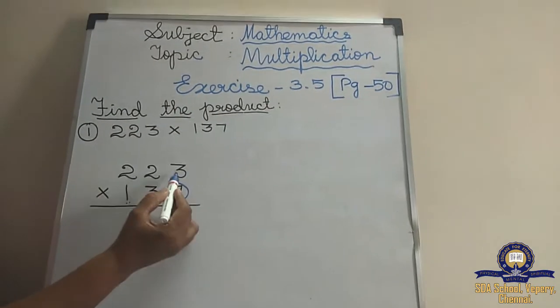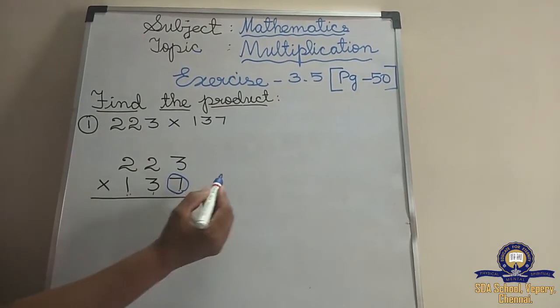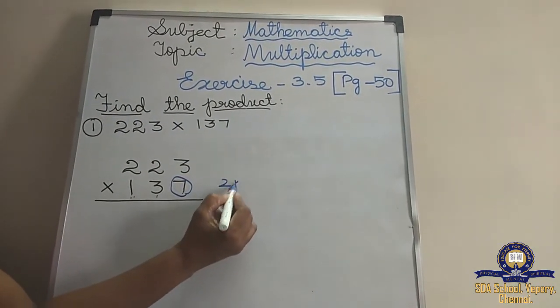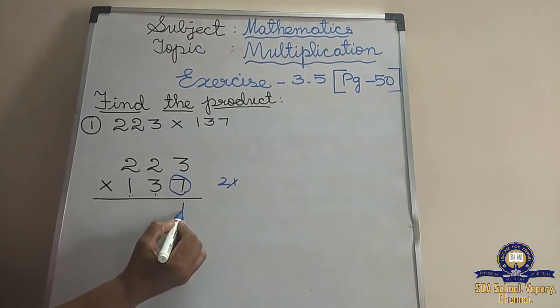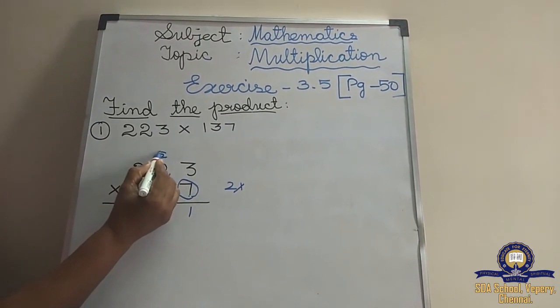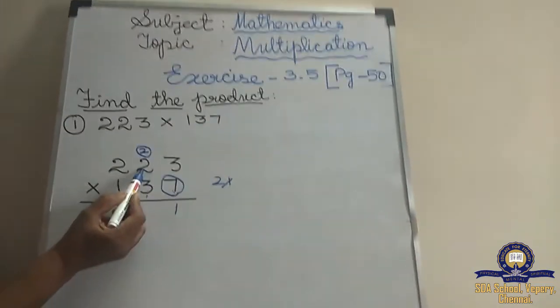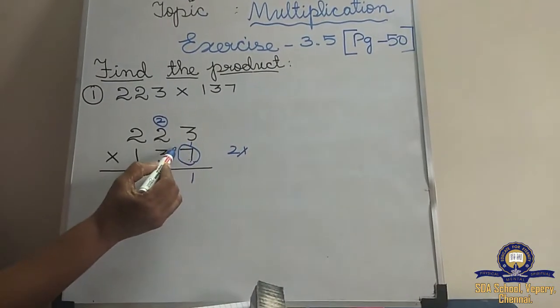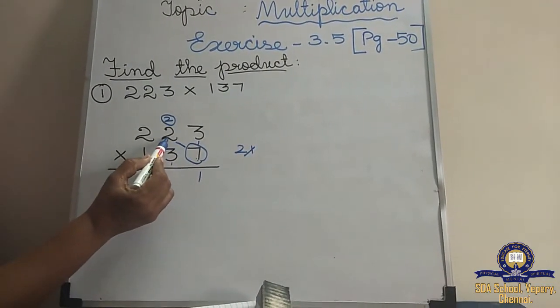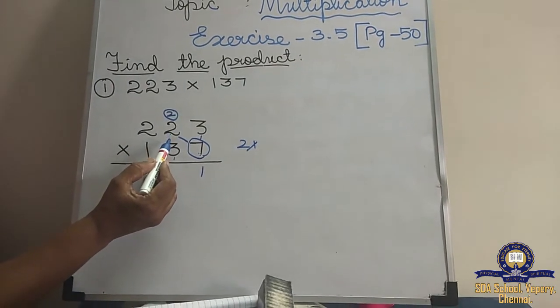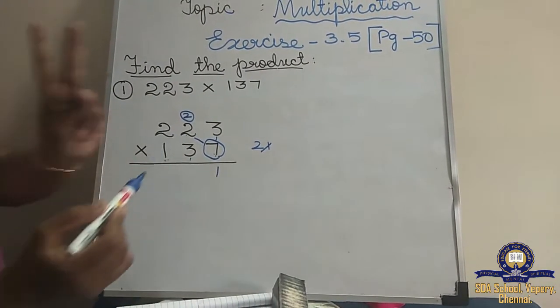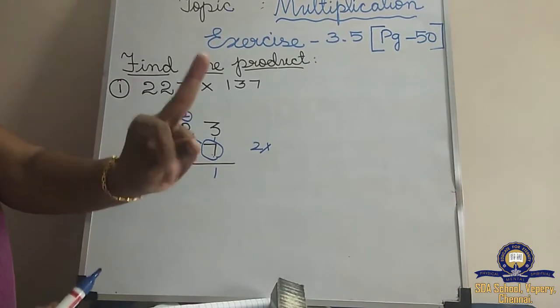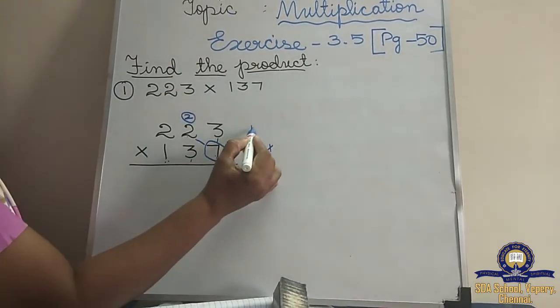So 7 threes are how much, children? 7 threes are 21. So you have to put 1 here and carry 2. Then 7 twos are 14. 14 plus 2, what, children? 16.